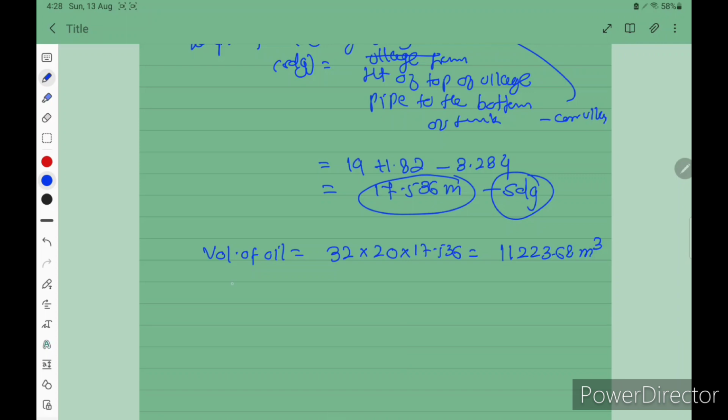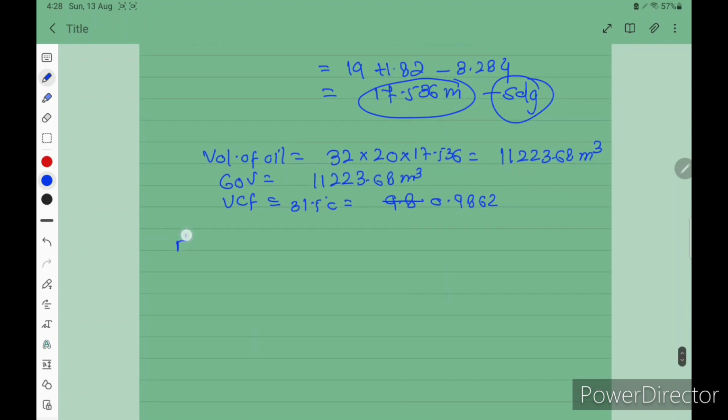Okay, so this is called GOV, gross observed volume, 11223.68 meter cube. Now we use VCF at 31.5 degree, using ASTM table 54, and we get the value 0.9862.